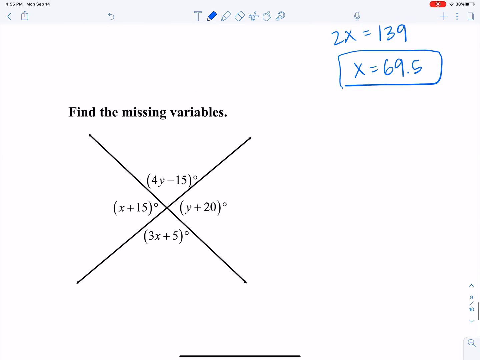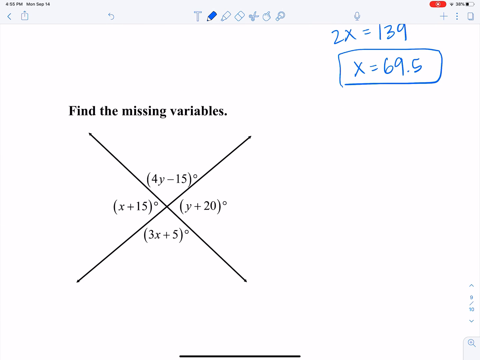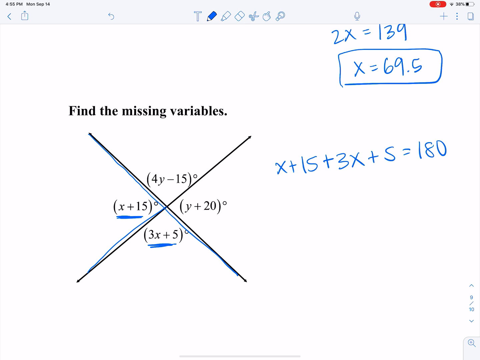Okay, find all the missing variables. This is our last example. Super. So I see we have a linear pair with these two angles. So those two angles should add up to 180. Those two add up to 180.